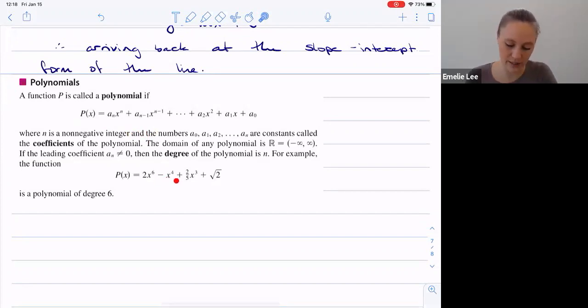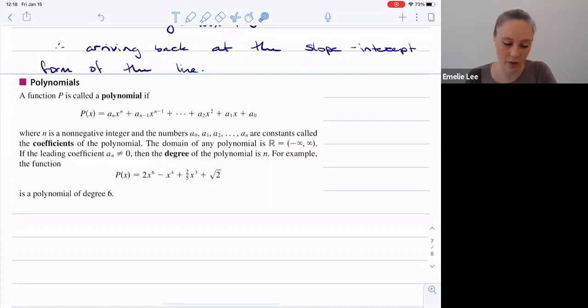And so here, this is a polynomial. Kind of nasty, but you've got different powers of x with coefficients on each x. The domain for any polynomial is the set of real numbers, which is from negative infinity to positive infinity. We're also going to talk about the degree of the polynomial.